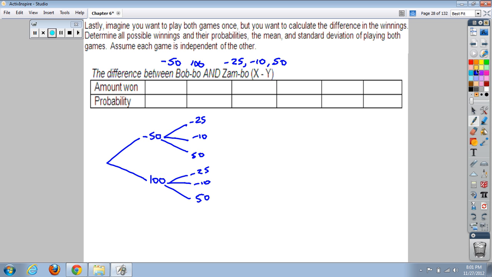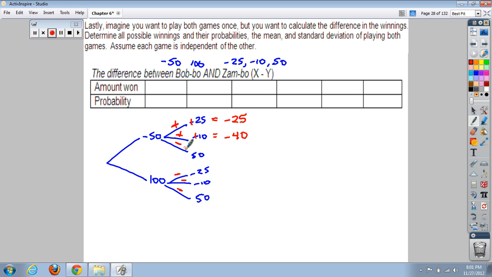Okay, so here's what's going to feel a little odd here. We're going to be subtracting all these numbers. So really, when I subtract a negative 25, this is really going to end up giving me negative 25, because I'm really going to be adding 25 to a negative 50. Here I'm really going to be adding 10 to a negative 50. So here I'm at negative 40.